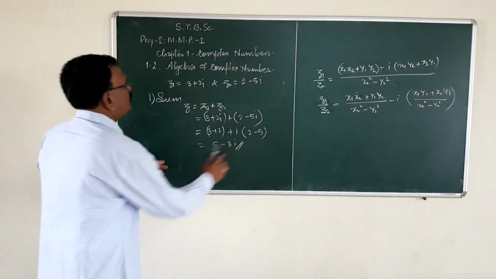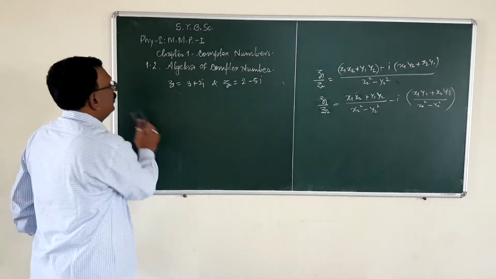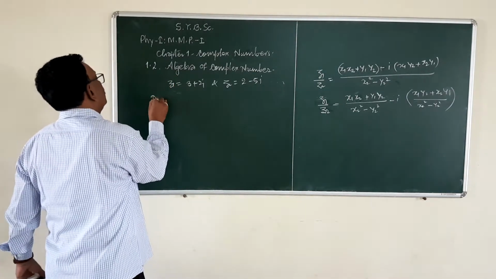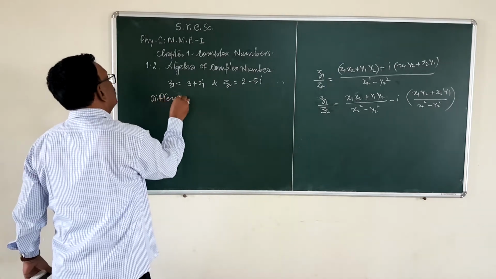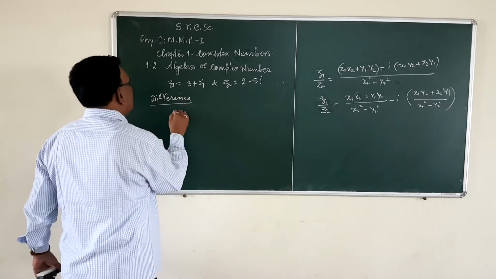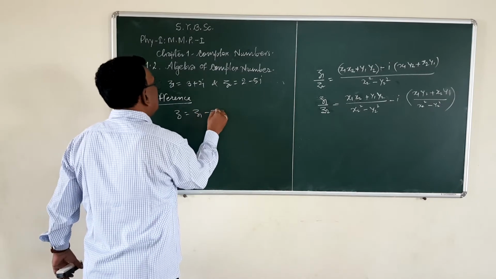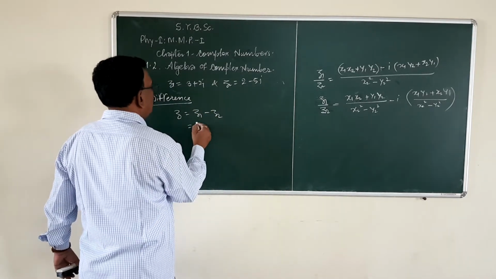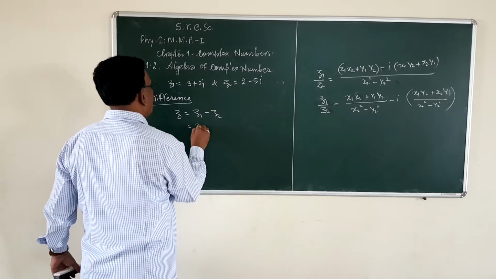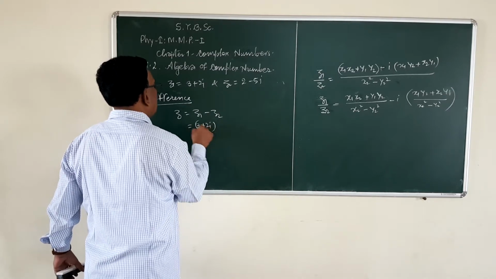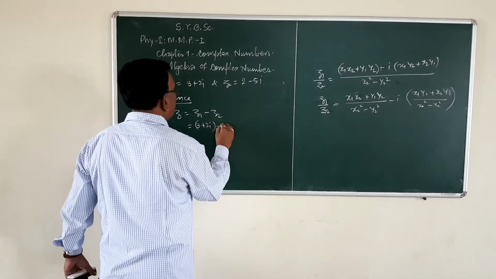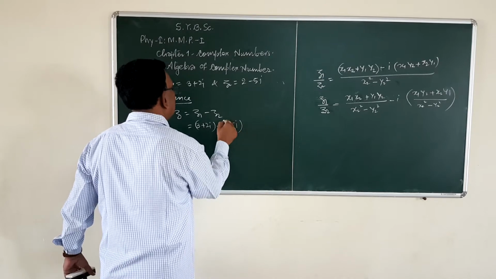Then the second operation, difference. z is equal to z1 minus z2. Again substitute the value of z1 and z2. We have 3 plus 2i minus 2 minus 5i.